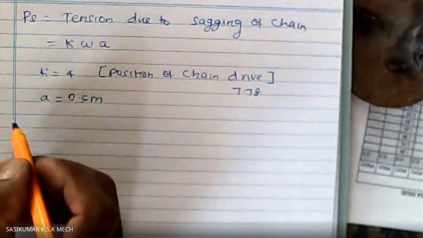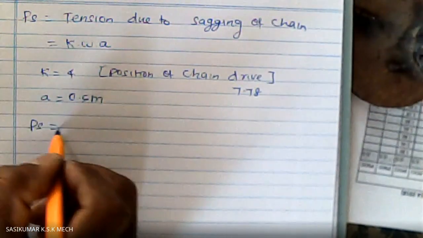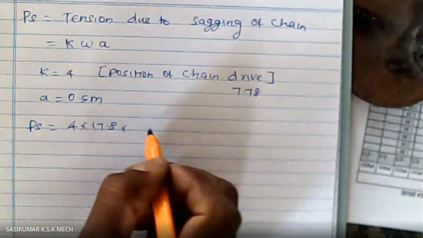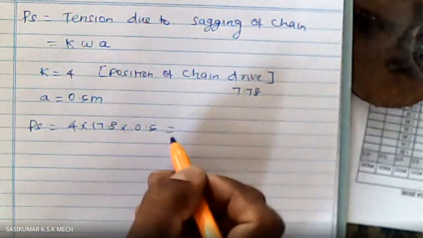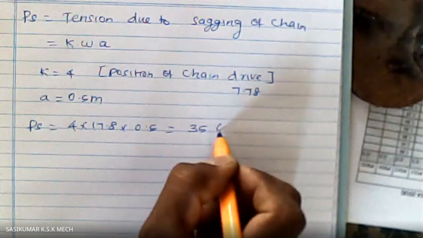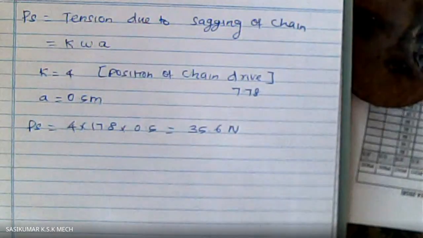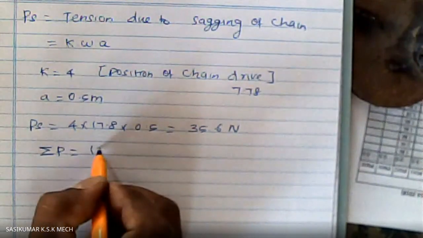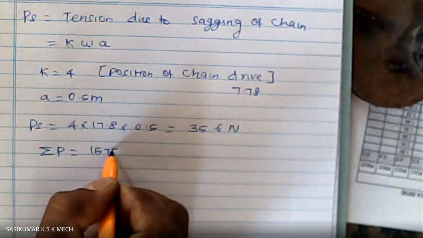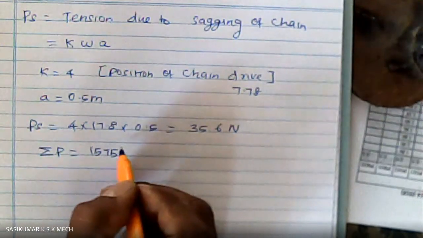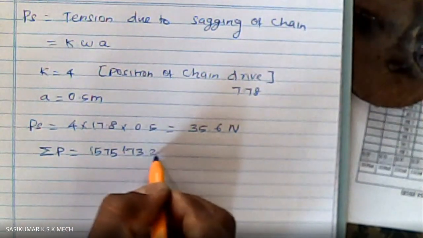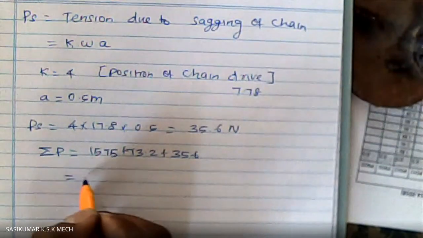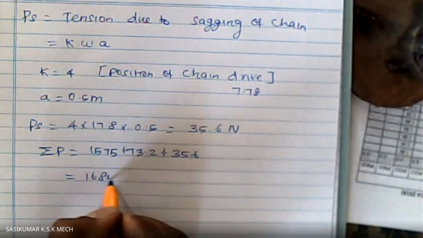So PS is 4 into 17.8 into 0.5, that is equal to 35.6 Newton. Now the total load P is equal to the summation of all the things: 1575 plus 73.2 plus 35.6. So total is 1684 Newton.